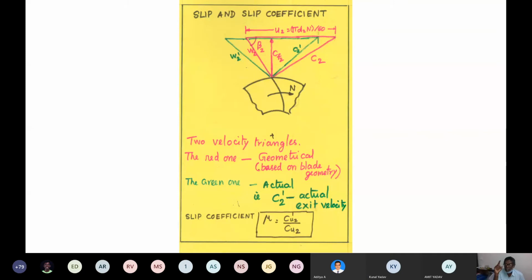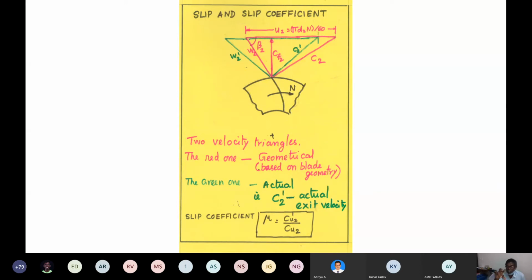Okay, then for a particular situation, the speed is fixed, diameter is known, so U2 is known. Then what else will you fix? The flow rate is fixed. So once flow rate is known, CF2 is flow Q divided by the area.